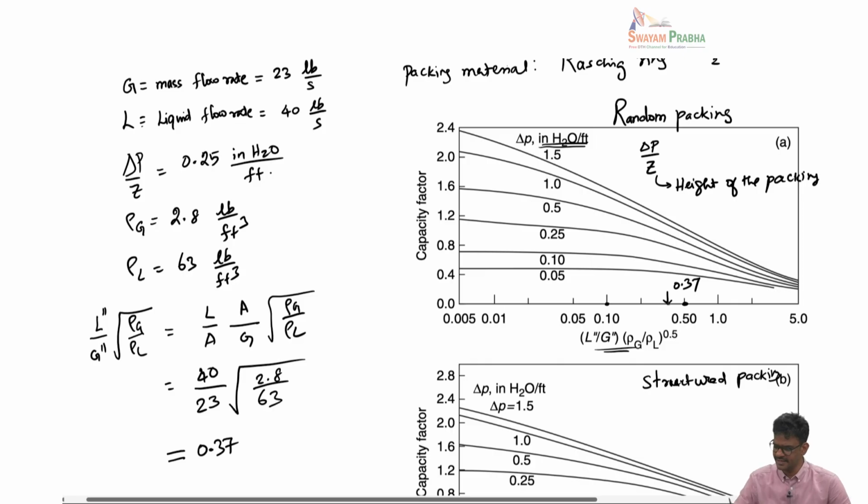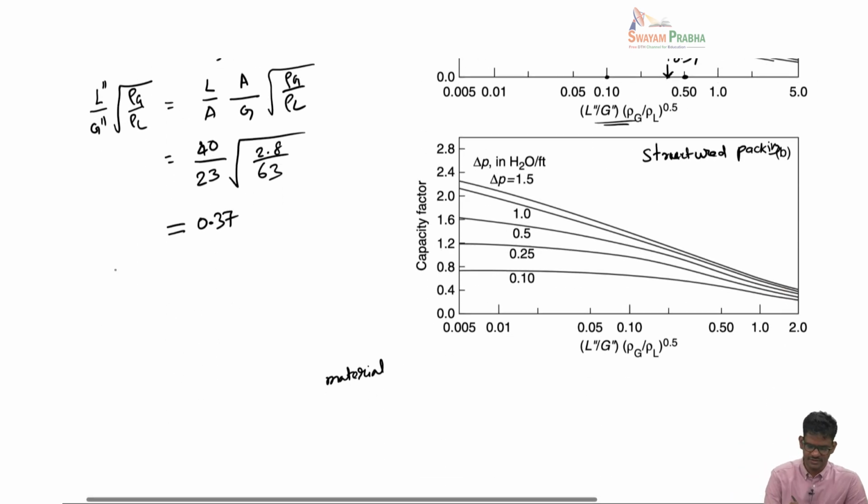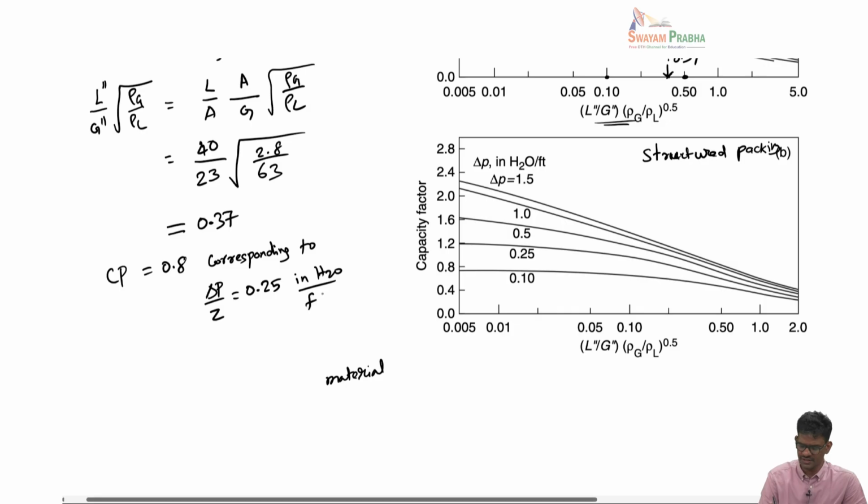Let's say I know where exactly 0.37 is marked. So I go vertically here and touch this line, and this comes out to be close to 0.8. So the capacity factor Cp is 0.8. This corresponds to delta P by Z of 0.25 inches of H2O per feet and the value of 0.37.